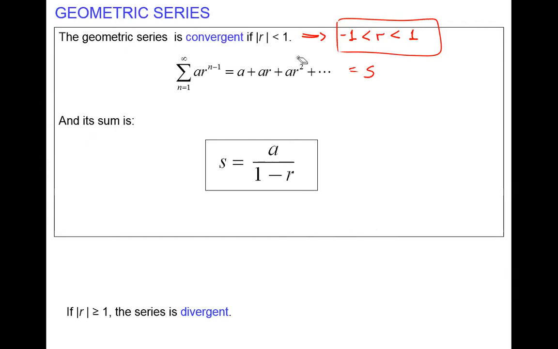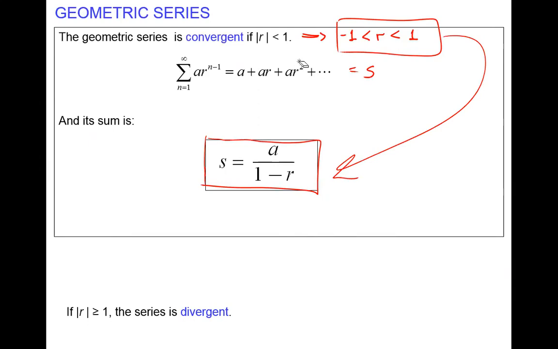But remember, we can use this formula if and only if the common ratio is from negative 1 to 1. If the common ratio is outside this interval, we will end up with a huge number. The sum will be divergent. That's important, because we will always say, okay, that's a geometric series.